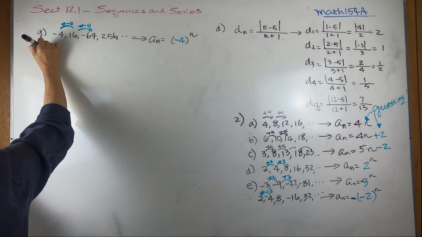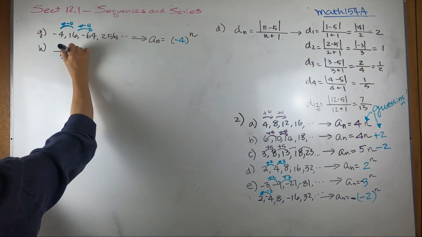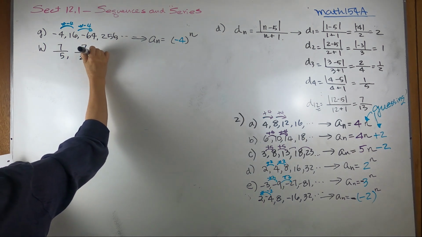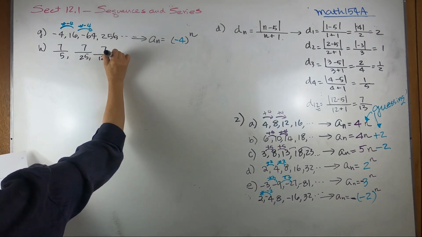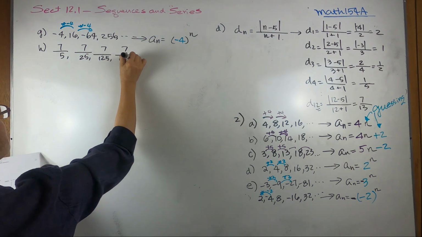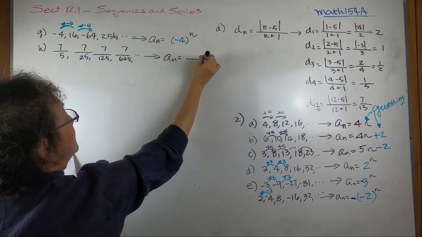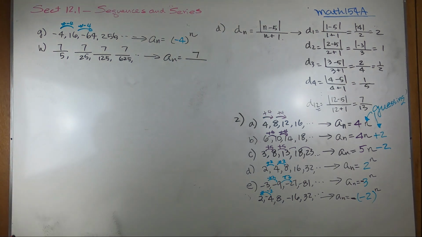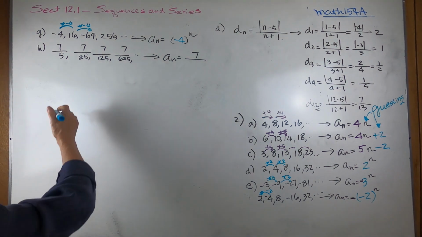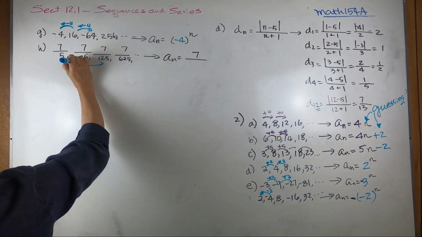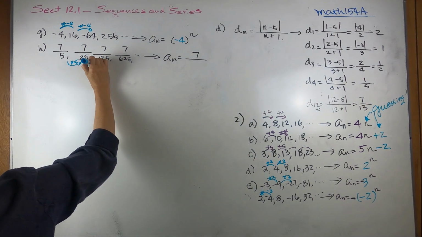Okay, next one, if we have this, what do you think? You know the pattern has 7 on the top, right? Then what happened to the bottom? We got it by multiplying from here to here, multiply by 5, right?